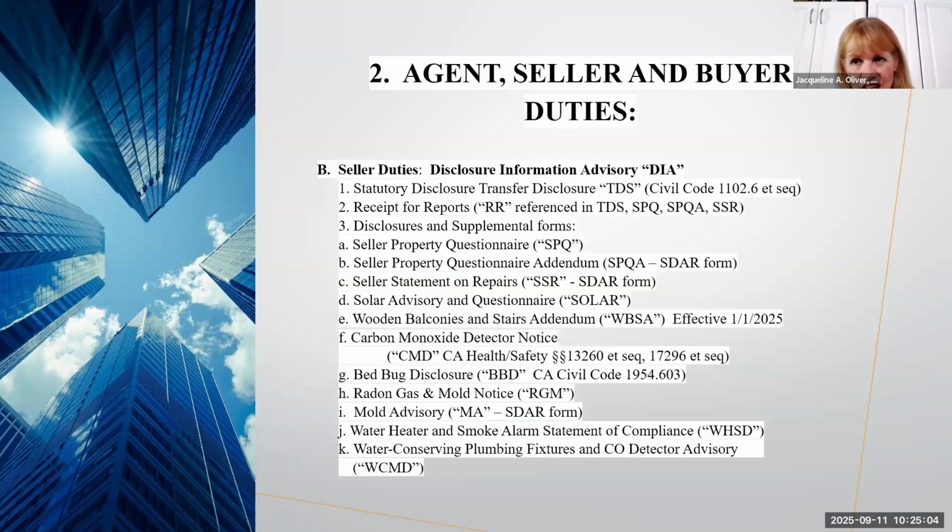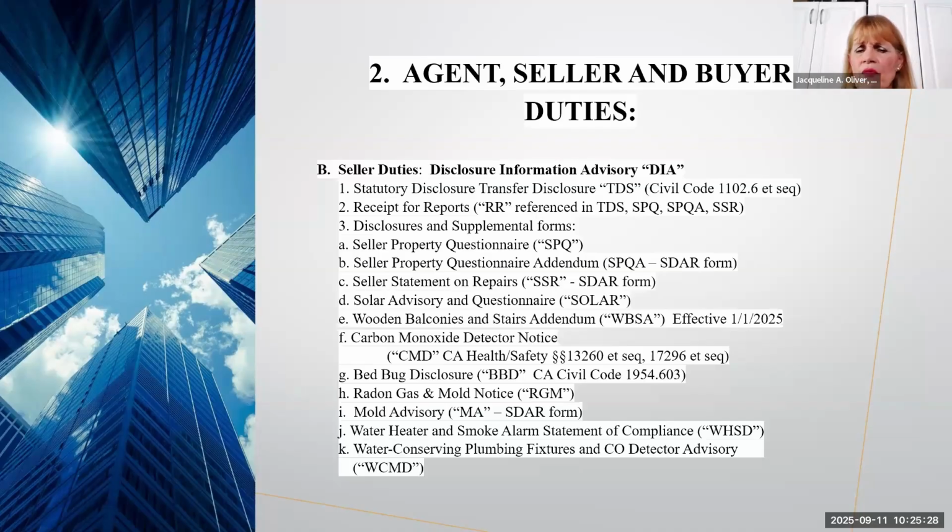It's not statutory, it is contractual. So if they're using the residential purchase agreement as is, it's going to include the TDS and the SPQ. There's also an SPQA. That's something SDAR has, and you probably have an analogous form for your association.